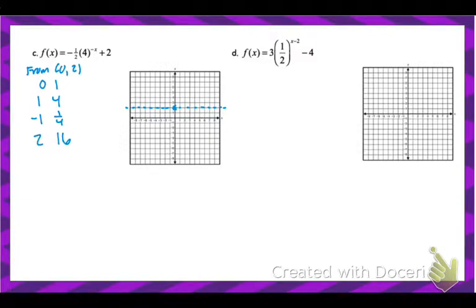The transformations I have are both horizontal and vertical. Horizontally, I've reflected over the y. Vertically, I've reflected over the x and compressed by a factor of 1/2. So from that star, I'm going to go over 0, down 1/2. I'm going to go left 1, down 2, right 1, down 1/8, and left 2, down 8.